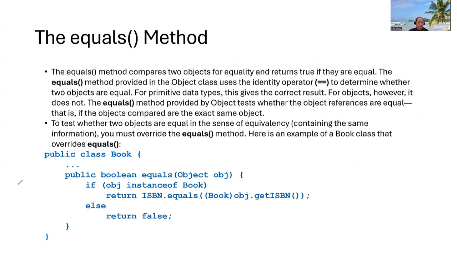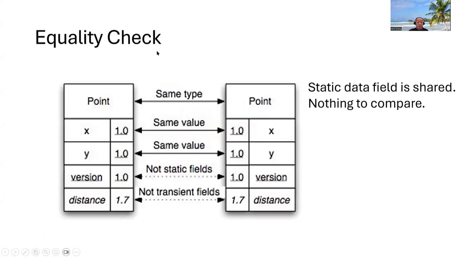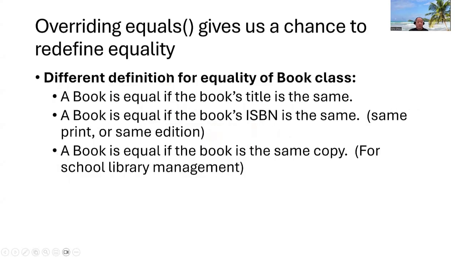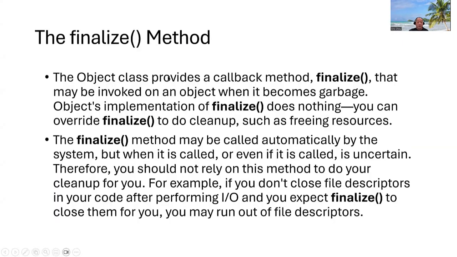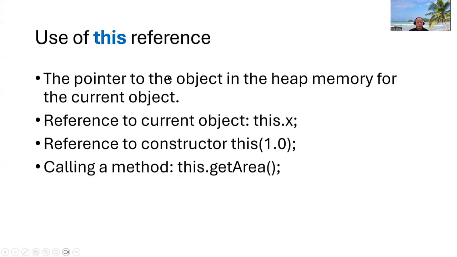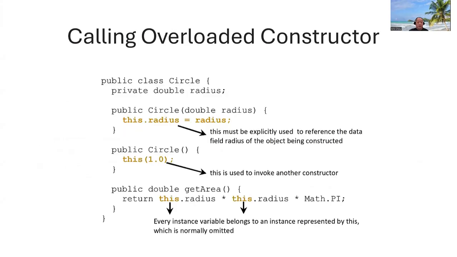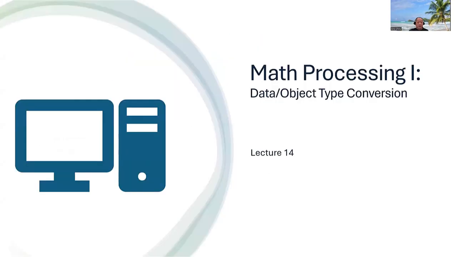That's the equals function. So for an equality check, you may check the same value or the same address, up to you. Okay, I think that's the object class we want to talk about.